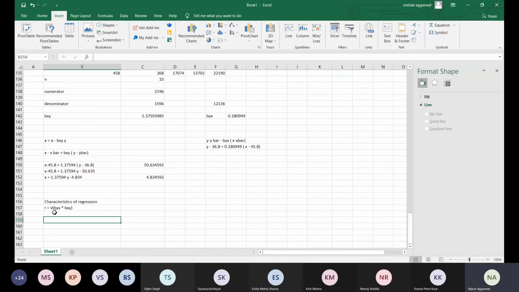If both regression coefficients have a negative sign, then r is negative: you get the magnitude from this, and the sign is minus because both are negative. If both are positive, then r is positive.